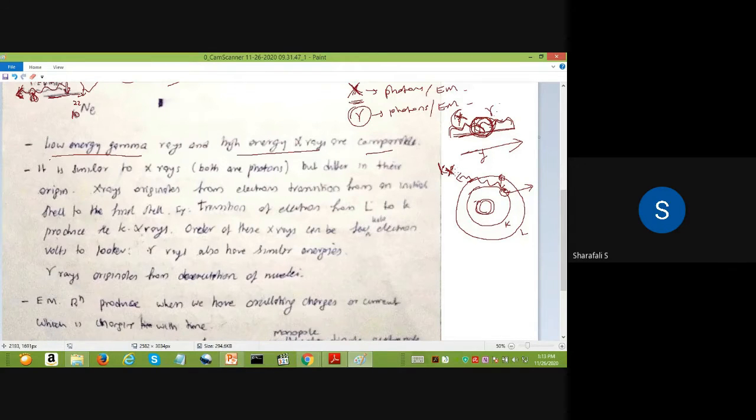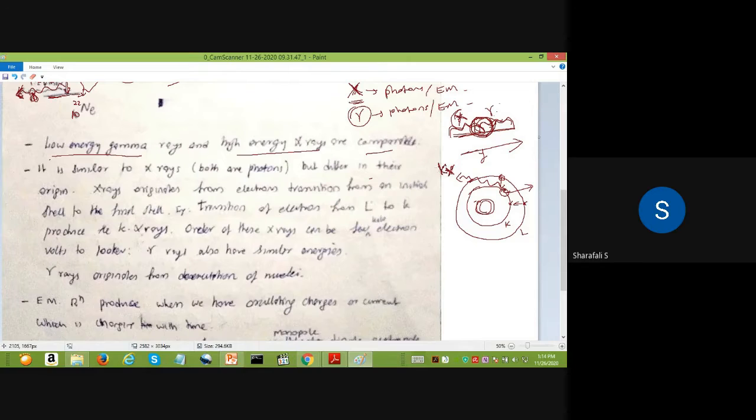So if you give enough energy to the inner shell electron, that electron will be knocked out from that shell, and an electron from the higher orbit, the L shell in this case, will come to that vacant position. The energy difference between these two orbits will be emitted in the form of electromagnetic radiation, and that is called X-rays.